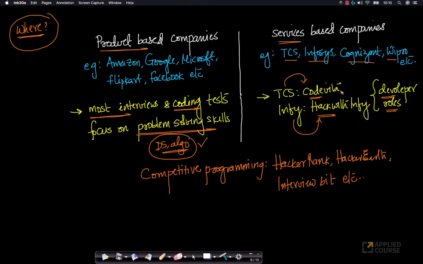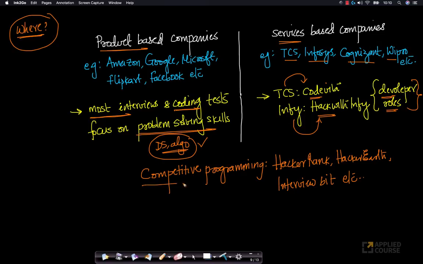And they tend to provide good, high-quality developer roles to students who crack these coding rounds, right? So the skills that I've been talking about, like foundational skills and problem-solving skills, are important both for product-based companies and also more and more important for services-based companies.